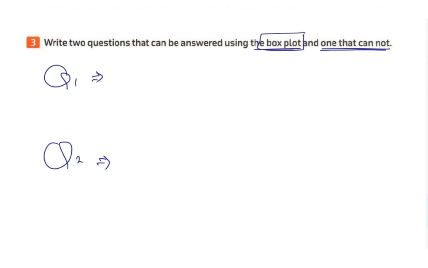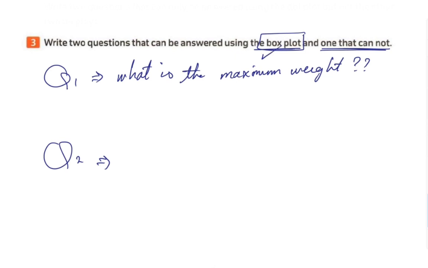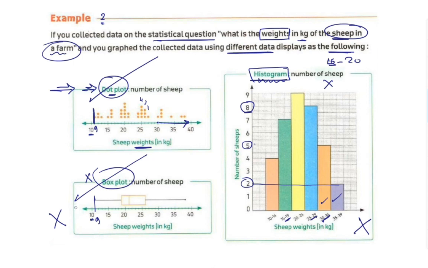To use box plot, I can ask what's the maximum weight? Yes. This question I can answer by using box plot, because box plot shows the maximum and the minimum, so it's okay.